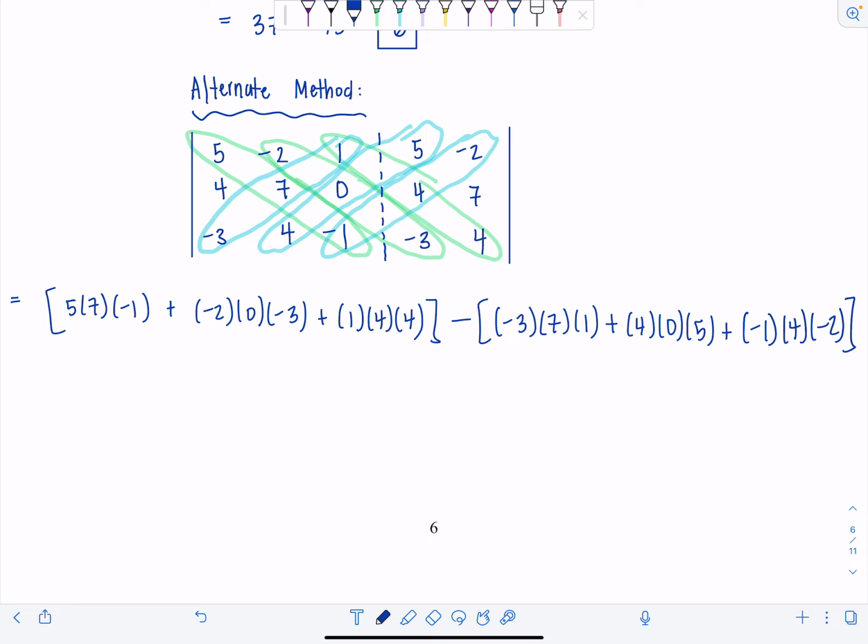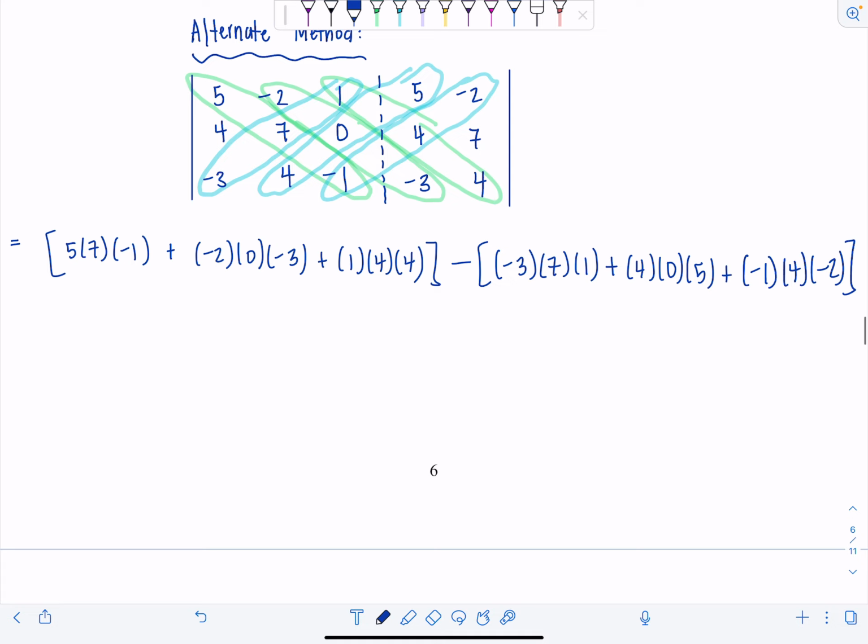Okay? All right, and then let's see what we have. So 5 times 7 times -1, that's -35 plus 0 plus 16. And then this negative is going to distribute, right? Yes, of course. So that's going to be plus 21 minus 0 minus 8.